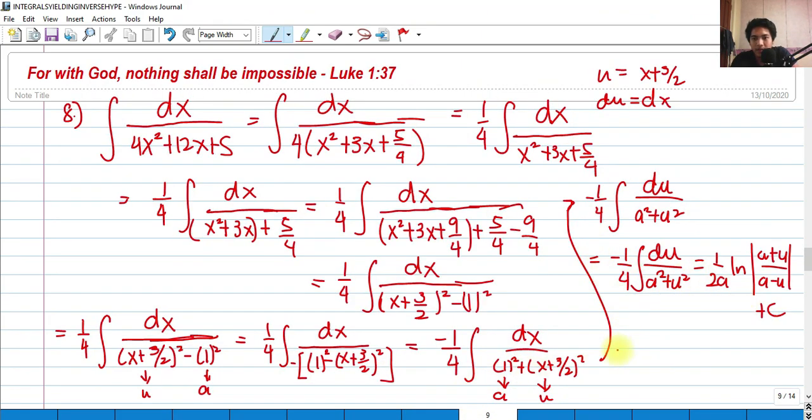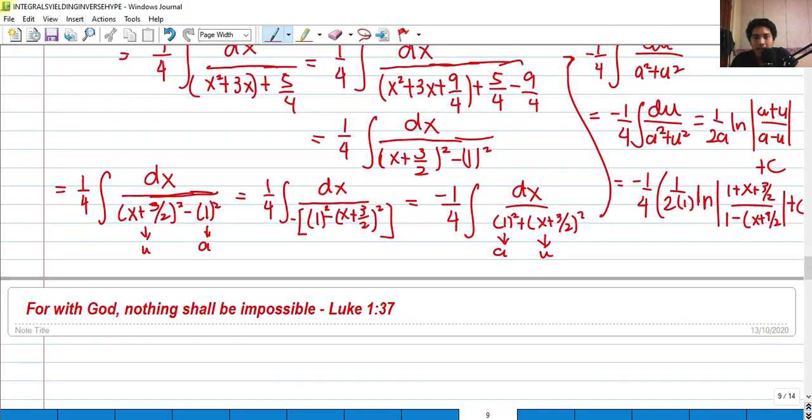So don't forget, we have negative 1/4 to be multiplied to 1 over 2 times a. The value of our a here is 1. So we have ln, the natural logarithm of the absolute value of a plus u. So we have 1 plus x plus 3 halves, and then we have 1 minus x plus 3 halves, plus c.